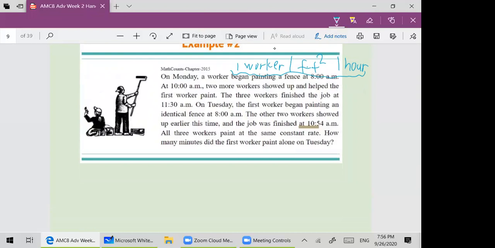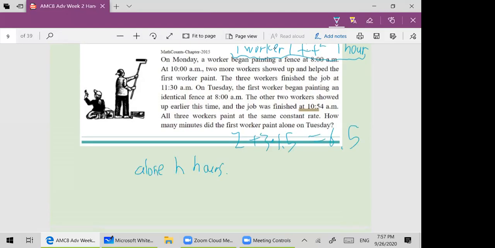Now, on Tuesday, let the first worker paint alone for h hours. Then h times 1 plus 3 times (2.9 minus h), because 8 o'clock to 10:54 is 2.9 hours, equals 6.5.